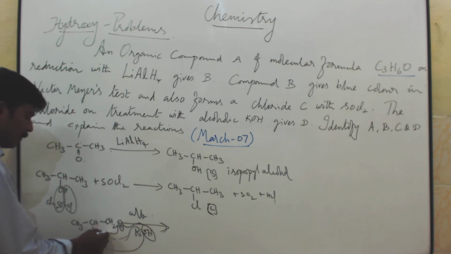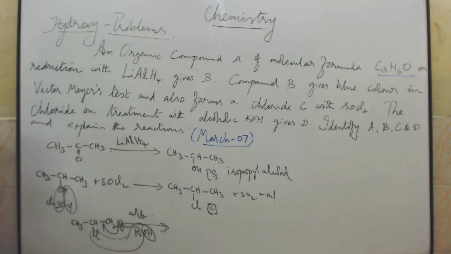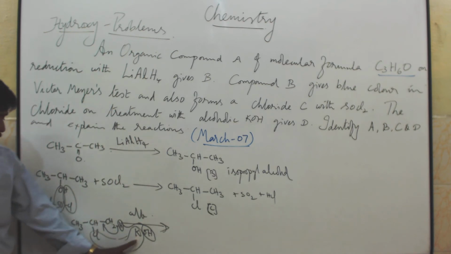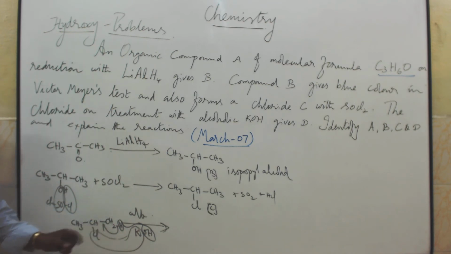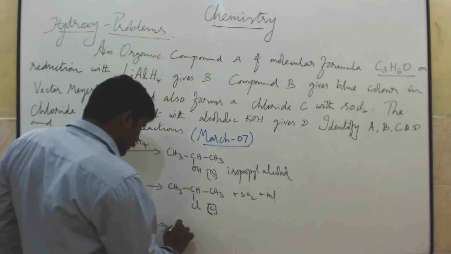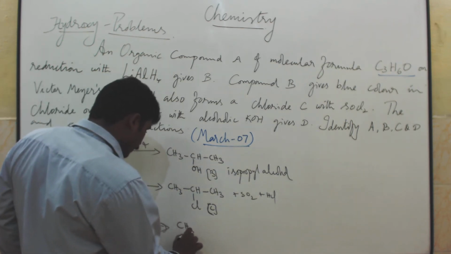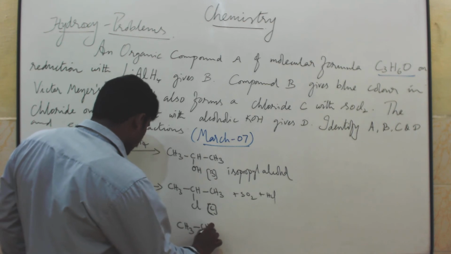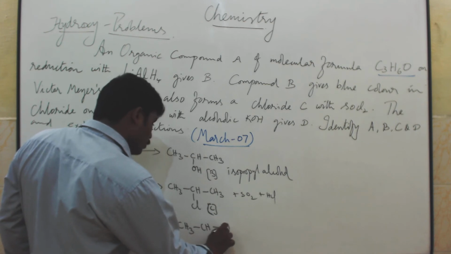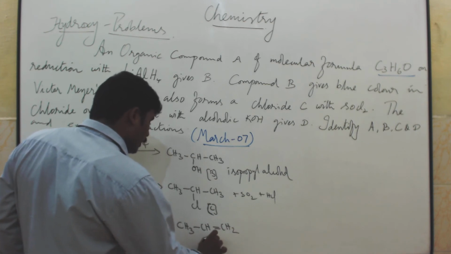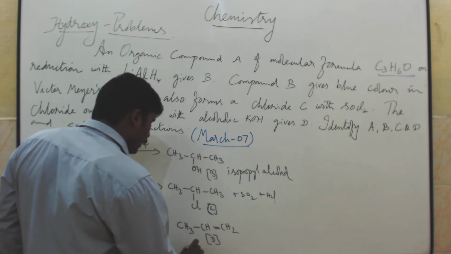So this bond will come and join to become a double bond. With removal of one KCl and one water molecule, a double bond comes. The product is CH3-CH=CH2, which is compound D, namely propylene.